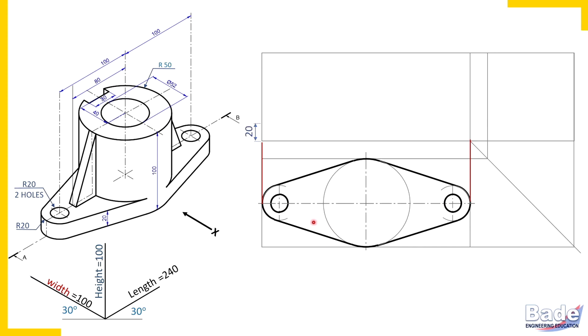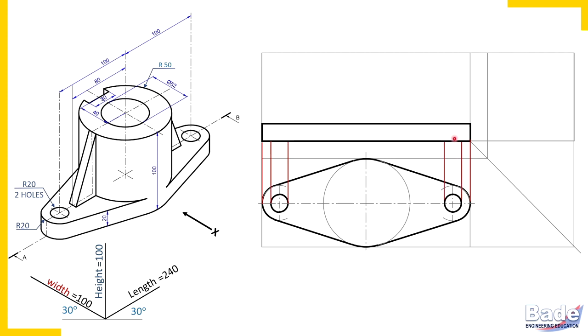Project its length, and in front view you get height, and that height of the plate is 20 millimeters. So this is how the rectangular strip at the base. Similarly, draw end projectors from front view to side view and then from top view to side view. So when you draw end projectors from front view to side view and from top view to side view, you get a rectangular strip here again.